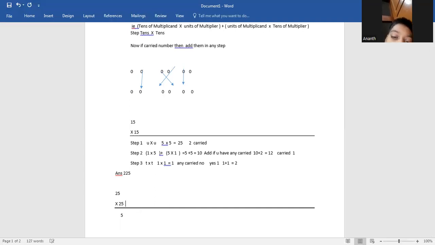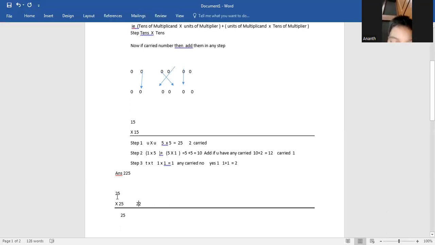If 2 is carried, write it here. Right? Next step is cross. 2 into 5, that is 10. Plus 5 into 2, 10. 10, 10, 20. 20 plus there is 2 carried, 22. So you write 2 and you carry 2.